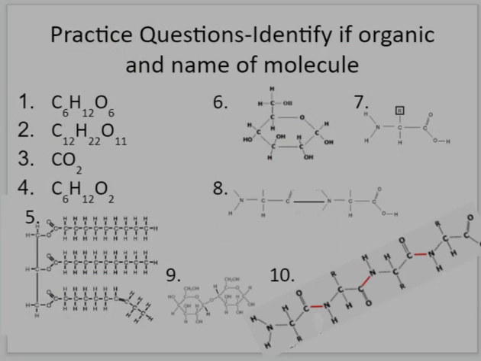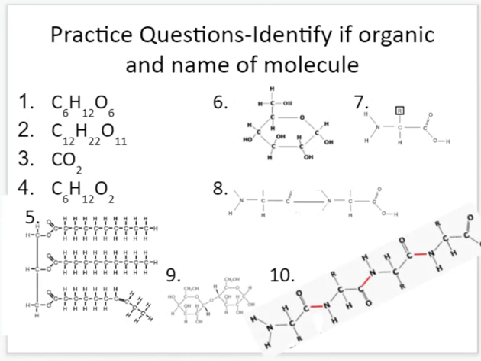So let's start with C6H12O6. Now we have the first question, is it organic or is it inorganic? Well, it has both C and H, so it's organic. So it's either a carbohydrate, a lipid, or a protein. Which is it? Well, we can rule out proteins because there's no nitrogen.